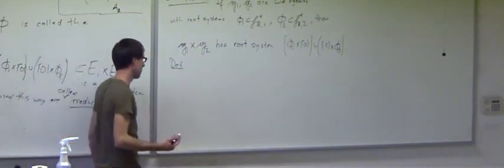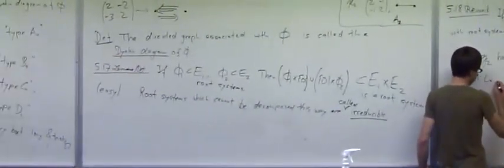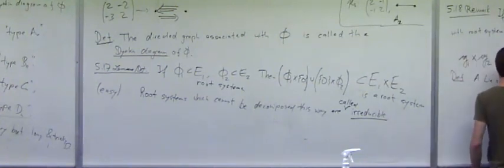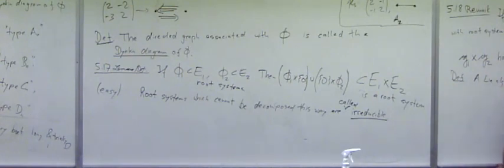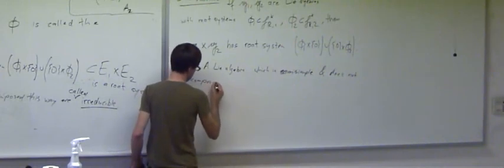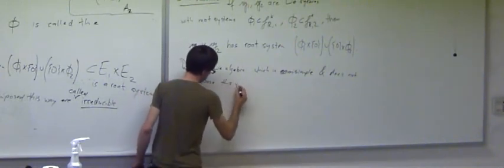Where's the semi here? A Lie algebra which is semi-simple and does not decompose this way is a simple Lie algebra.